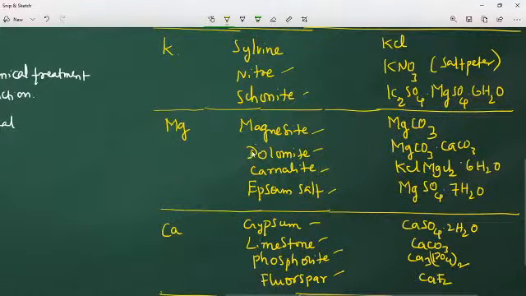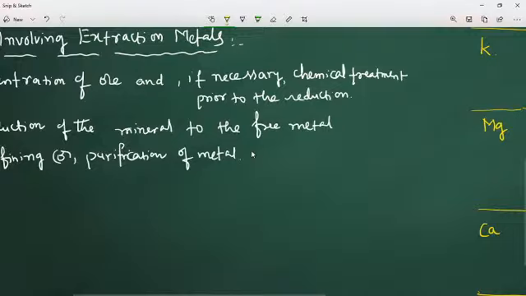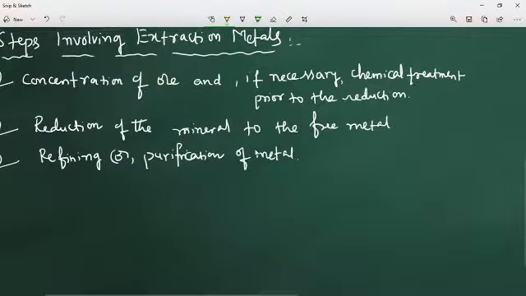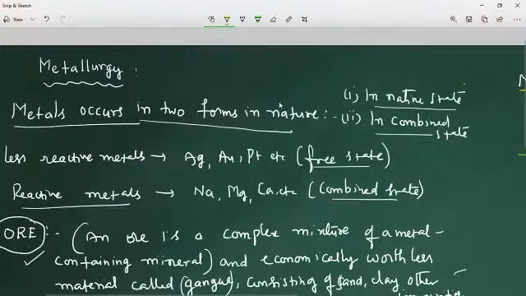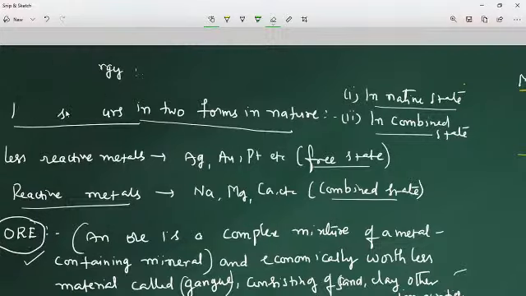Okay, so let us see about aluminum. Now we will check the aluminum case.